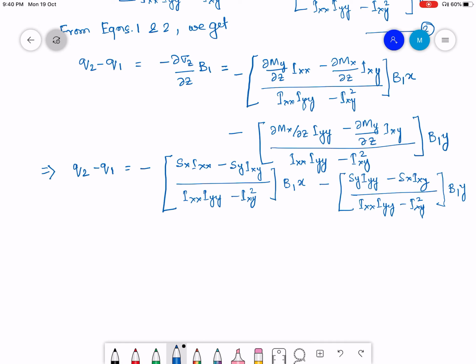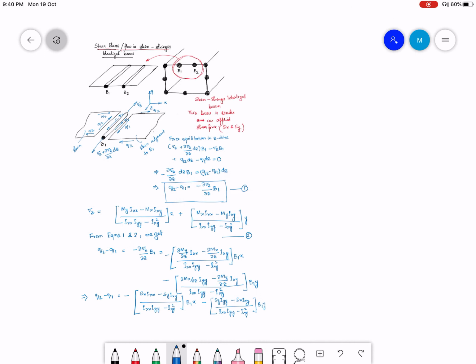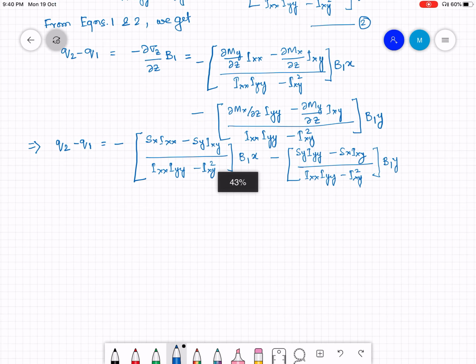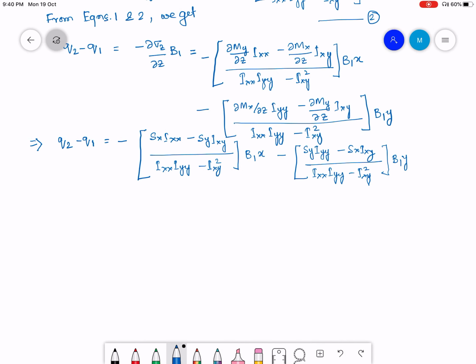So I can actually generalize this equation and write it as Q_r minus Q_(r-1), where r is the index for the boom, is this whole thing into B_r X_r minus this whole thing into B_r Y_r.